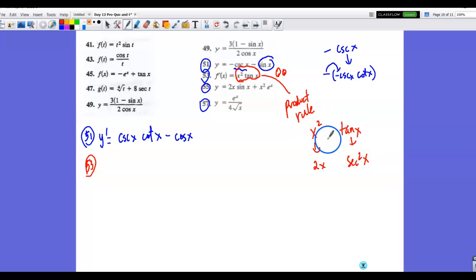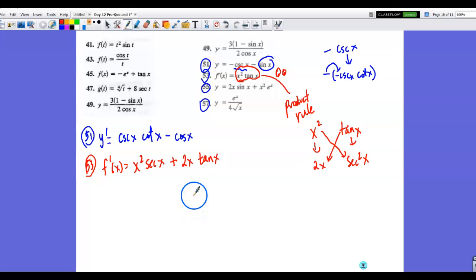So we're going to multiply x squared times secant squared x, so that is the first times the derivative of the second. So that would be x squared secant squared x plus, product rule, p for plus, second times the derivative of the first, 2x tangent x. And in class we talked about the possibility of cleaning.